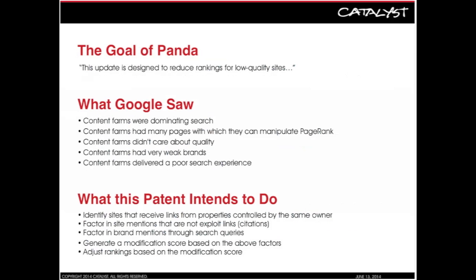So let's walk through the patent. We know the goal of the Panda update, because Google told us, was to really hit low-quality websites. What Google was trying to counteract was content farms that were dominating search results, with a ton of pages that were low quality.